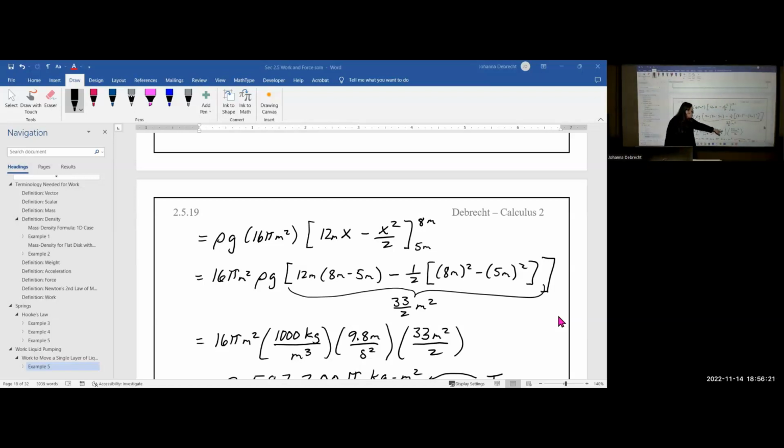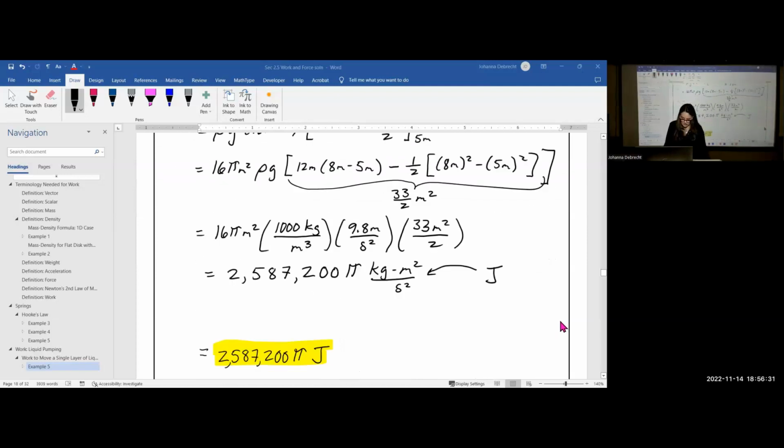And then you've got another meter up here, so that gives you meters squared in the numerator times kilograms divided by seconds squared. So the final answer that you see is this amount right here, and the units are kilogram meters squared per second squared, which is another way of writing joules.